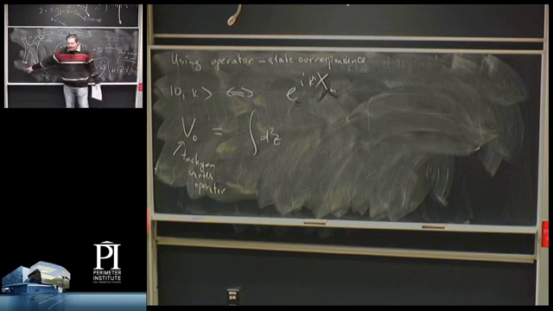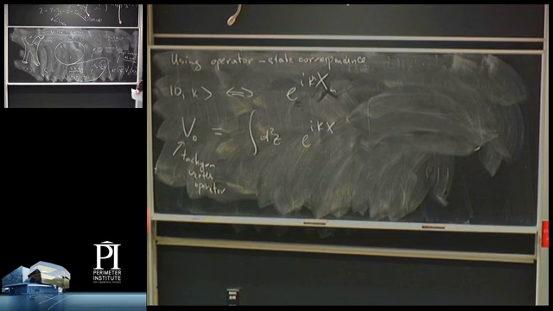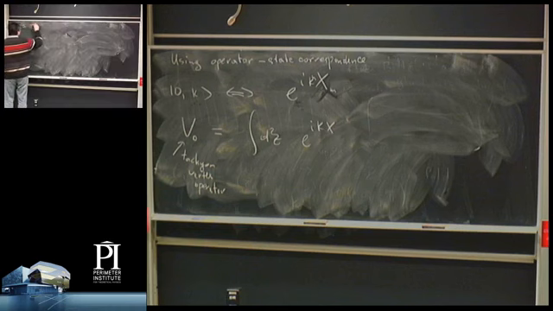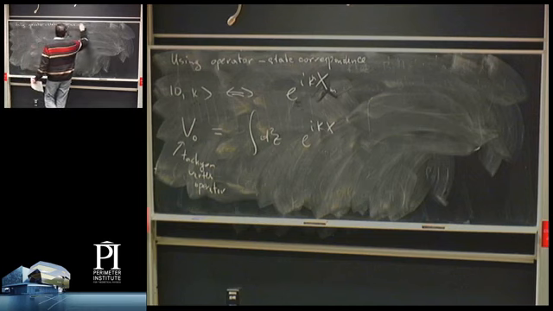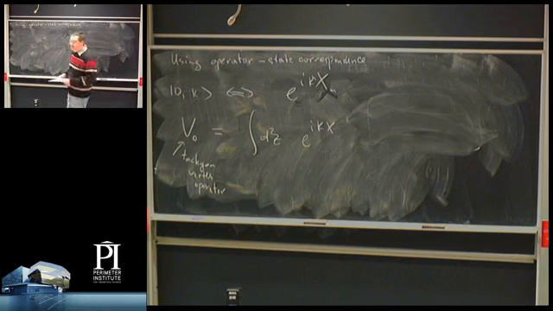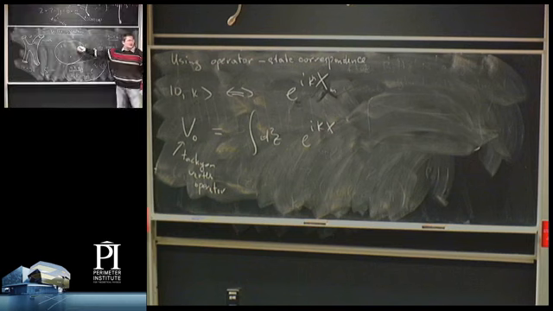The 0 means that it's the vacuum; I'm not exciting any oscillators, but I have a momentum. Using the operator-state correspondence that we discussed a long time ago when we talked about conformal theories, we actually know what kind of operator we end up having here.